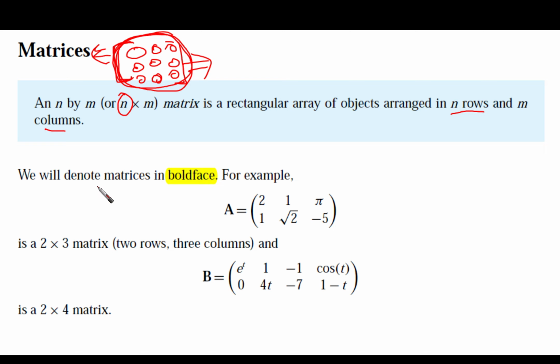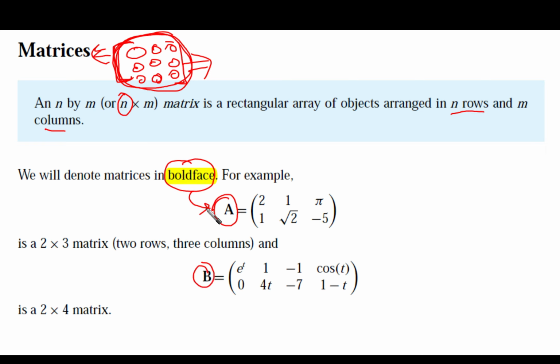We will denote matrices in boldface. In general, a matrix is going to have a name, and we use a boldface letter to represent the matrix itself, for example A or B.